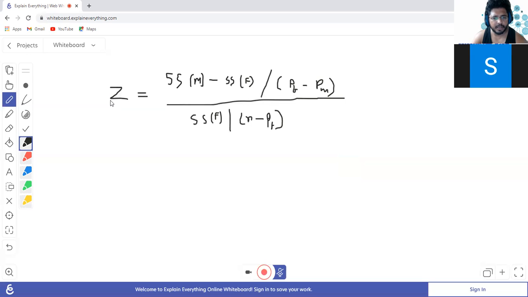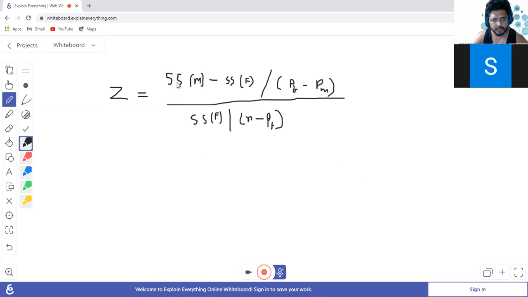We saw sum of squares SS, we saw variance SS by N, we saw R square, and now we are seeing Z. This formula is very similar to the R square formula, but both the numerator and the denominator of R square are divided by some extra terms.